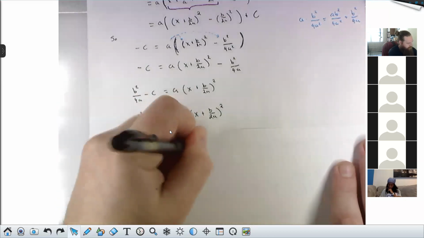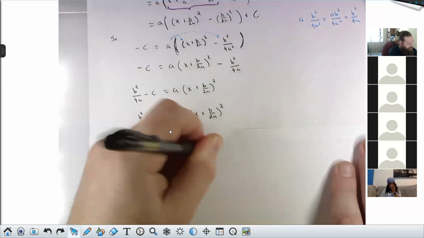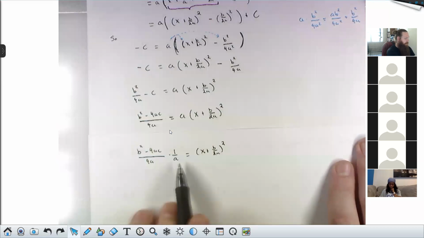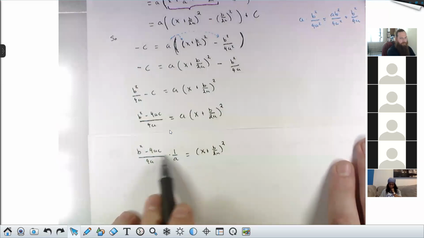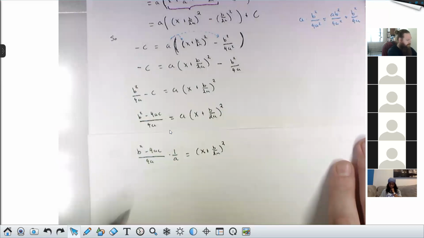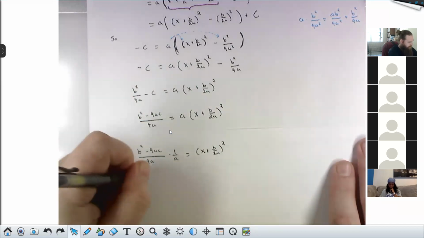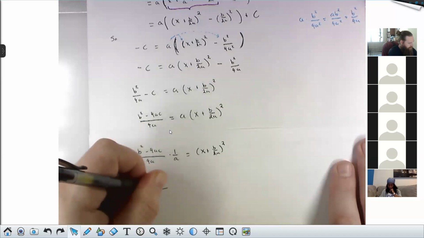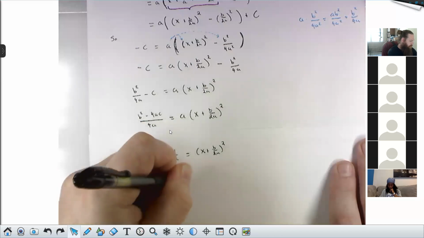And over here I have x plus b over 2a all squared. When I multiply these fractions, the top times 1 stays the same. The bottom, 4a times a, is 4a squared. So this is what I have.